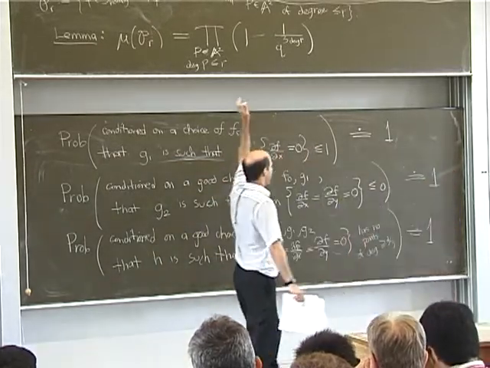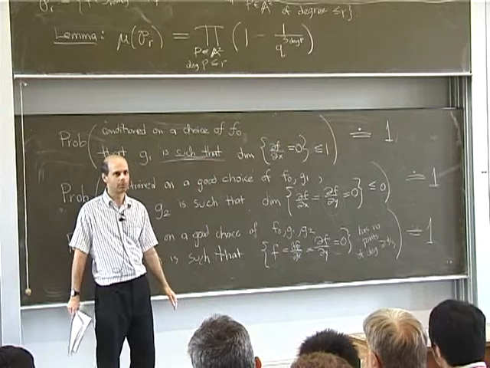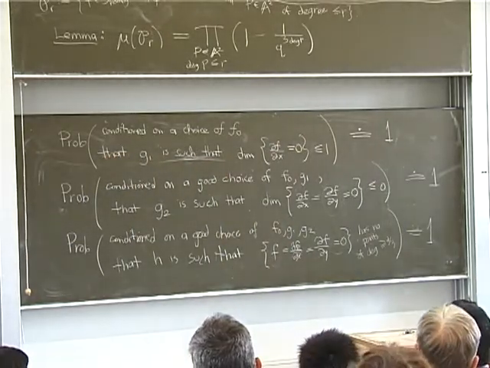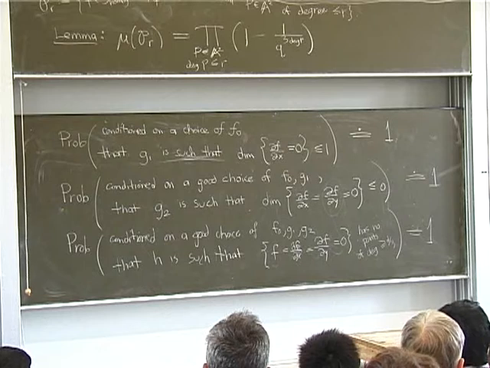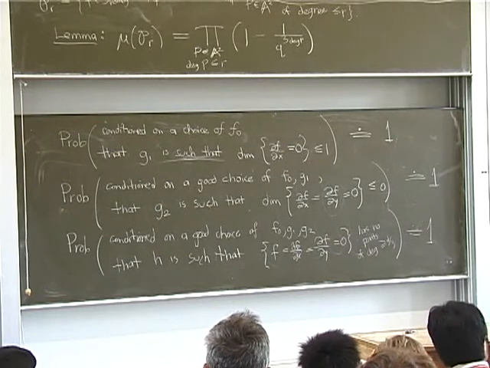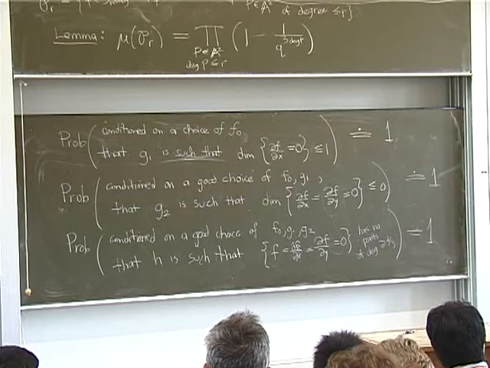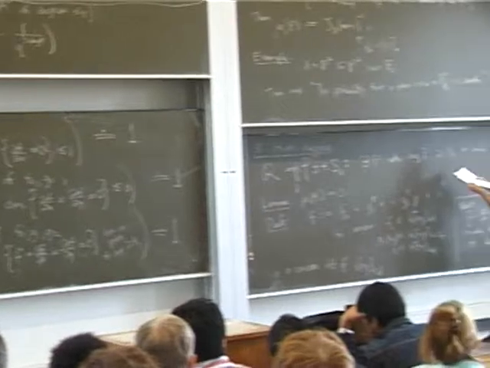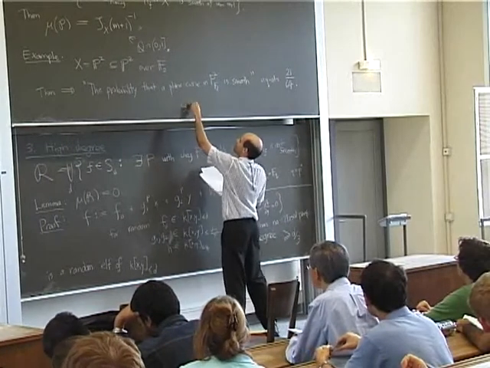And so the probability that all this happens is also essentially 1. And that finishes the proof of this claim, which shows that for most f's, there aren't any singularities of this plane curve.